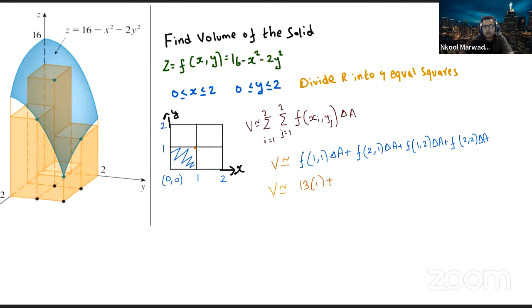Then f of 2 comma 2: 16 minus 4 minus 8, so 4.